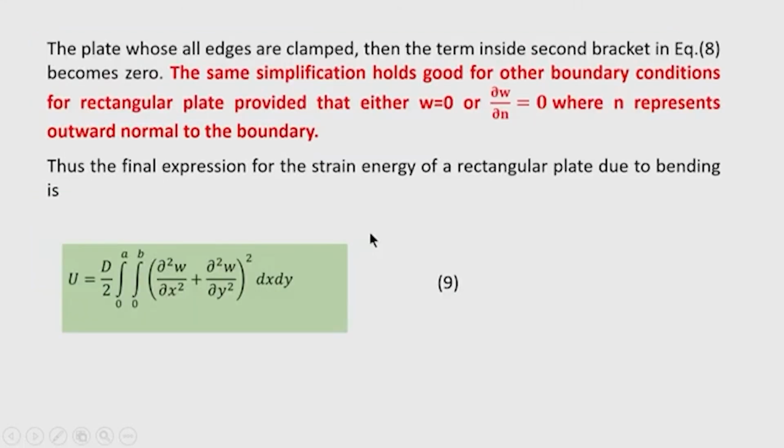But in the case of plates where all edges are clamped or the rectangular plates are supported along all 4 edges, such that W is 0 or the slope normal to the boundary is 0, where n represents the outward normal to the boundary, then we can use the simplified form of the strain energy. Okay.